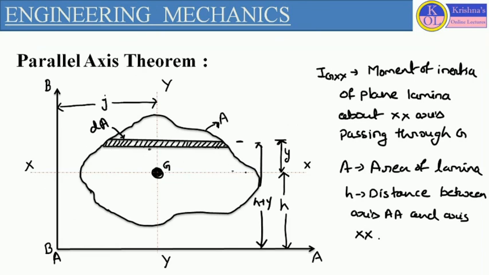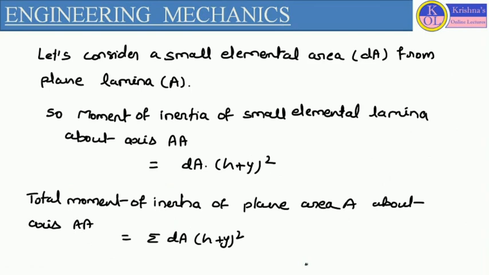So here first we will define the moment of inertia of this small elemental area dA with respect to the AA axis. So it should be dA into (h plus y) squared. Here if we define the moment of inertia about the x-axis, as I have discussed, we can write this moment of inertia about the x-axis as area into perpendicular distance squared, so it should be A y squared. And if we are considering the y-axis, it should be A x squared.